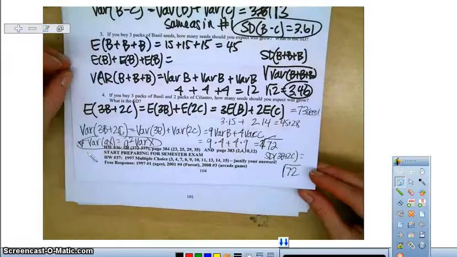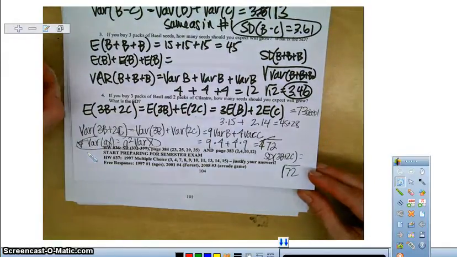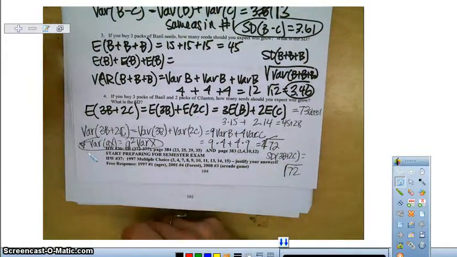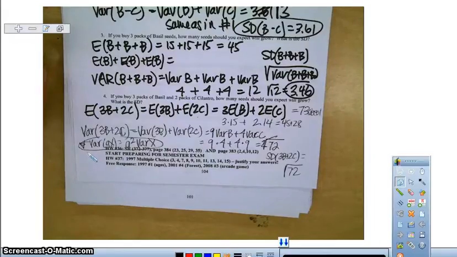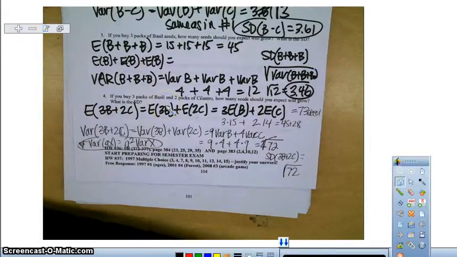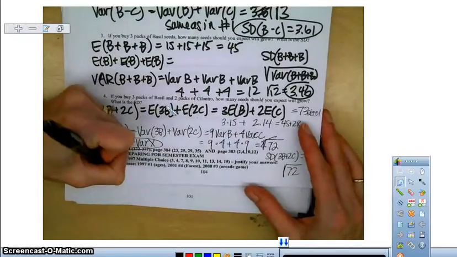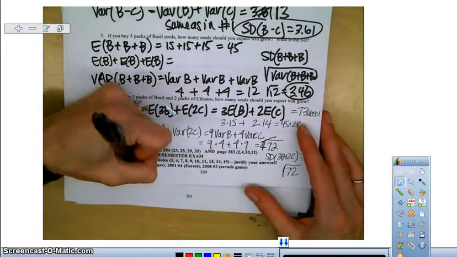Because if you write it all out the long way, like variance of b plus variance of b plus variance of c plus variance of c plus variance of c, you don't get that. Because then it'd be 4 plus 4 plus 4 plus 9 plus 9, which is 30. Then you take the square root of 30.